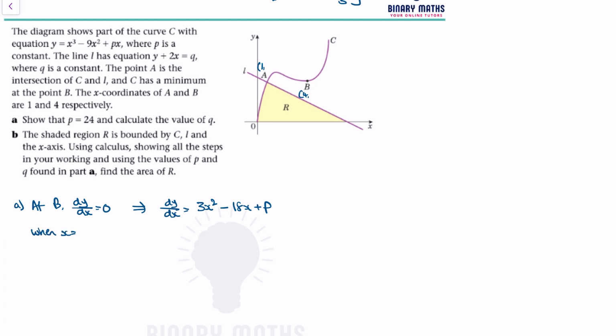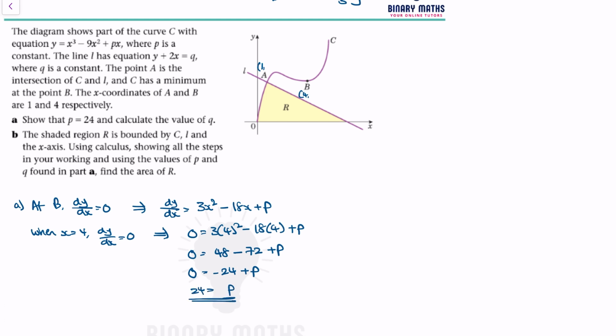When x is equal to 4, we know dy dx is equal to 0, which implies 0 is equal to 3 times 4 squared minus 18 times 4 plus p, which means 0 is equal to 48 take away 72 plus p, which means minus 24 plus p is equal to 0, which means p is equal to 24, which is what we wanted to show.